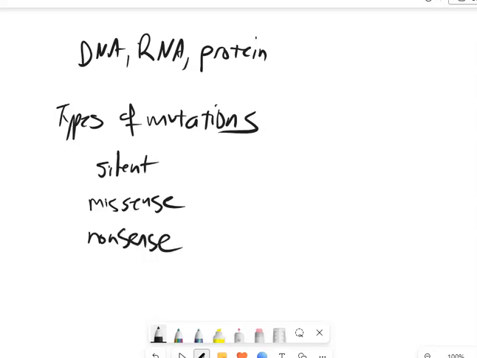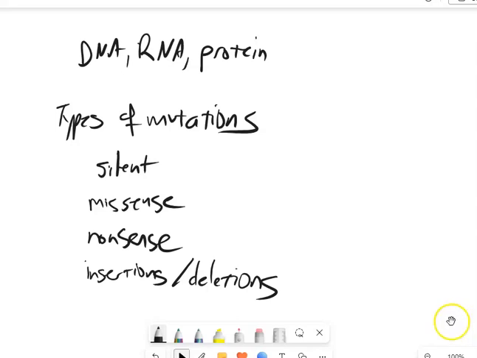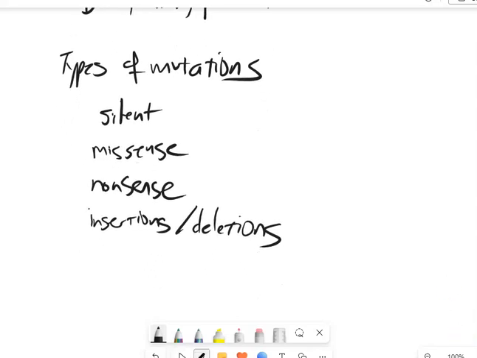Nonsense is another. And then you can have insertions or deletions of any size, anywhere from 1 nucleotide to thousands or millions of nucleotides. One of the reasons these insertions and deletions matter is some of them can cause a frame shift. And a frame shift mutation scrambles and randomizes a protein.